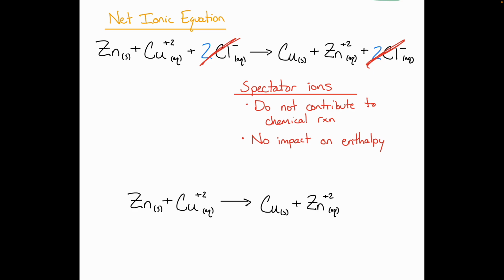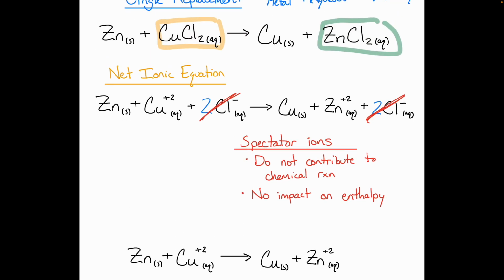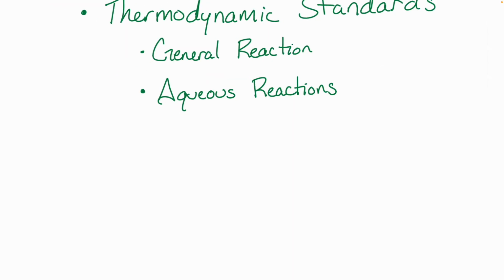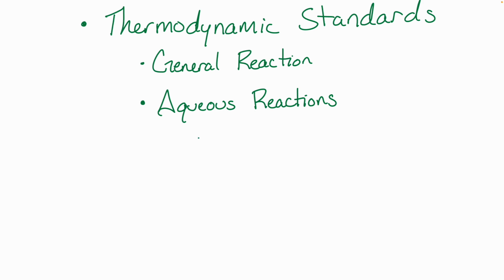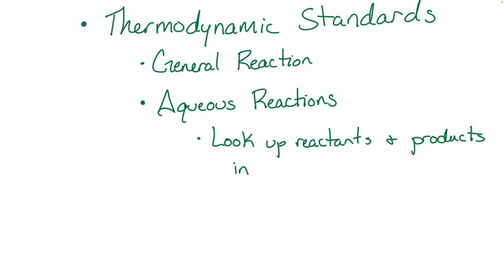Right? So for our solution reactions, our aqueous reactions here, we need to look up our reactants and products, not in our general chemical equation, but in our net ionic equation.